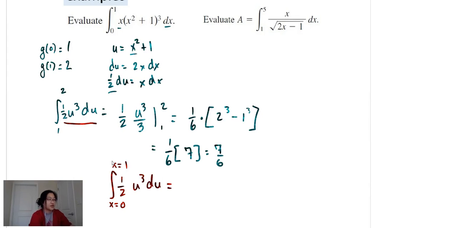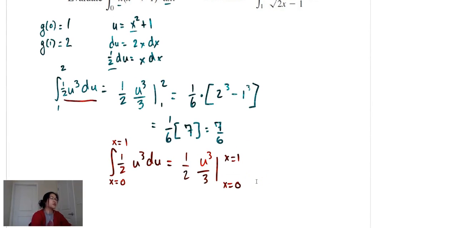When we evaluate that, we have 1/2 u cubed over 3, but we're evaluating from x equals 0 to x equals 1. So from here, we need to translate back into terms of x.